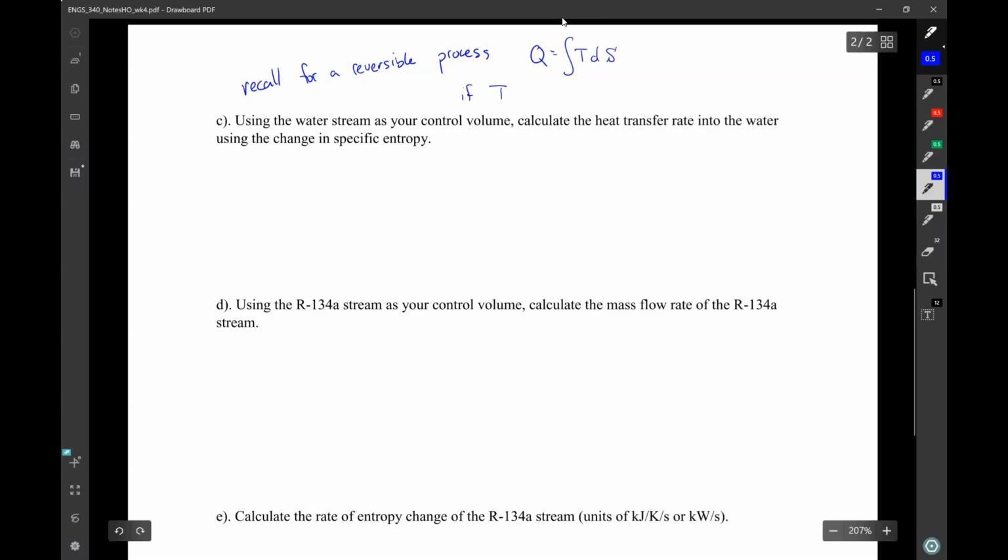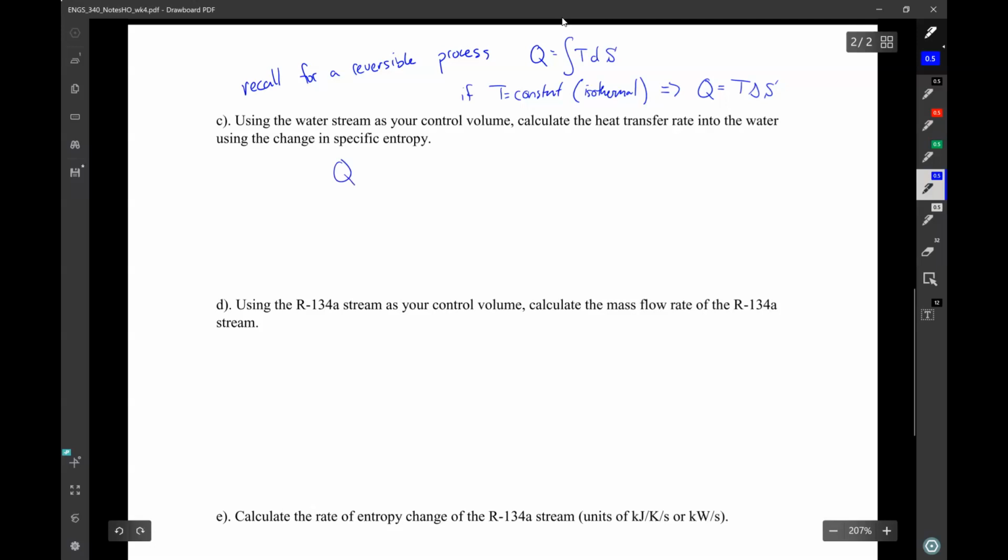So if T is a constant, we call that isothermal, then T would just come out of the integral and Q equals T delta S. Or Q dot equals T delta S dot.